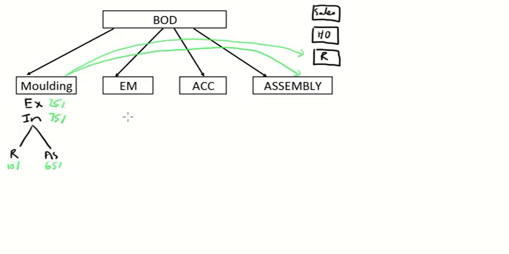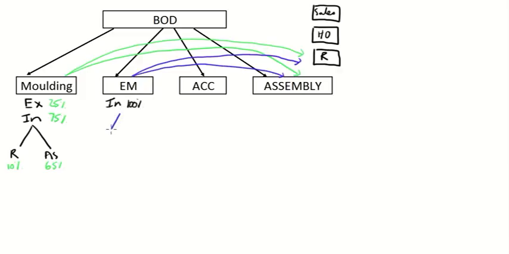Now, electromechanical, they tell us that 100% of our production would be internal transfers. And that would be, once again, we either send it to repairs or we send it to assembly. But what we do know is that none of our production in electromechanical is sold externally.